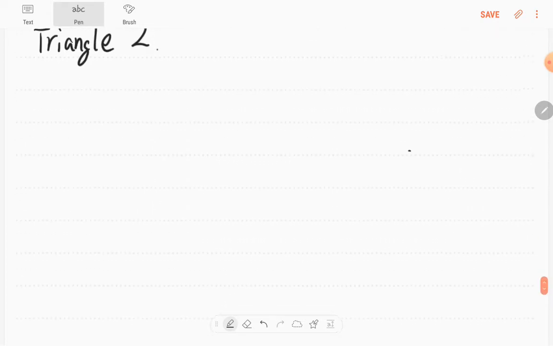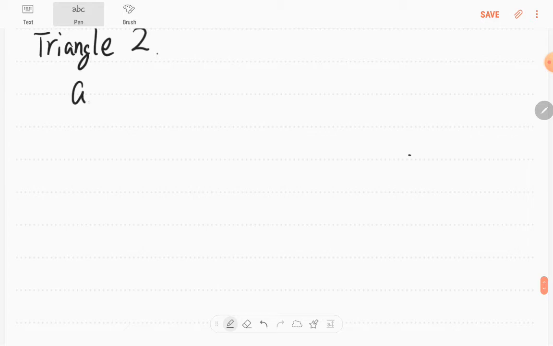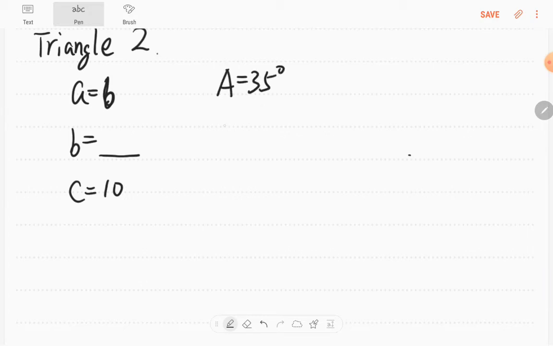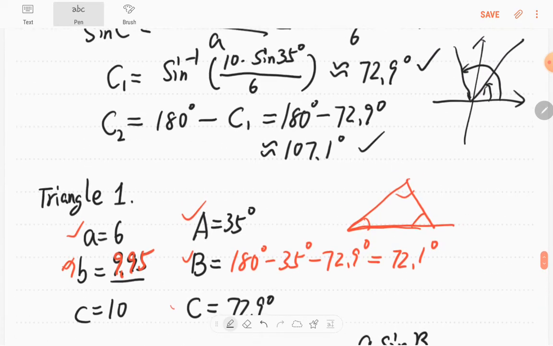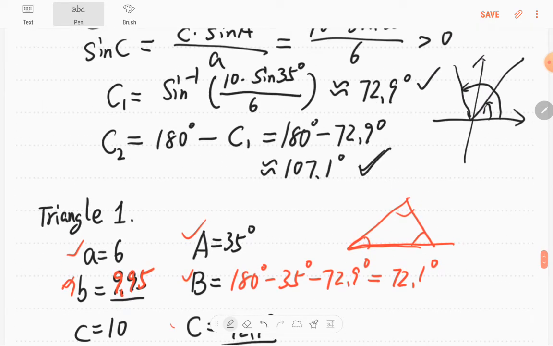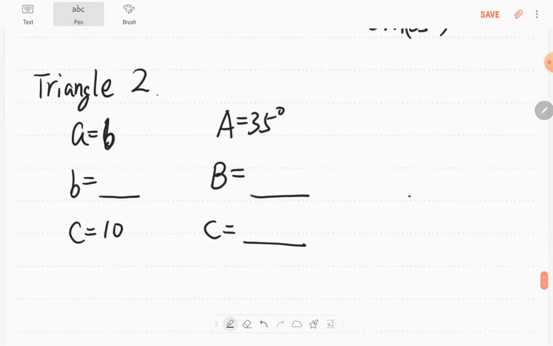Triangle 2: A is given, B is the thing we're looking for, C is 10, and angle A is 35 degrees. Angle B we don't know, and angle C we calculated, this time choosing this one, 107.1 degrees.